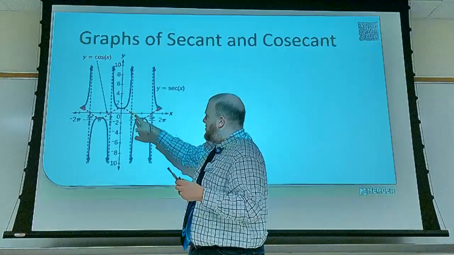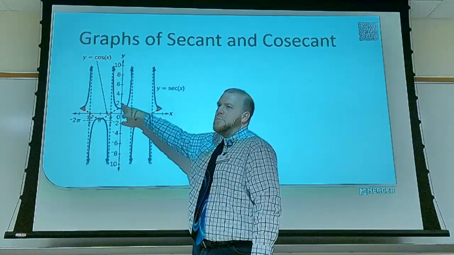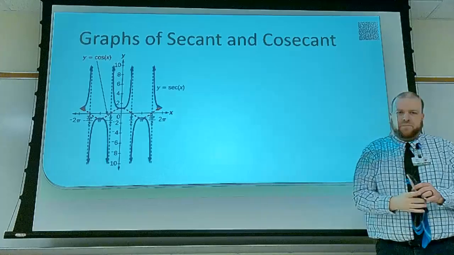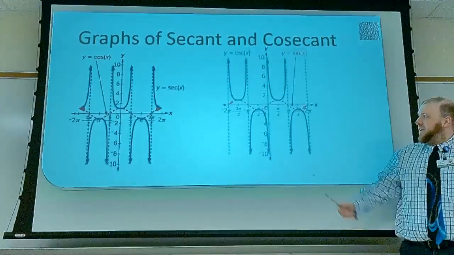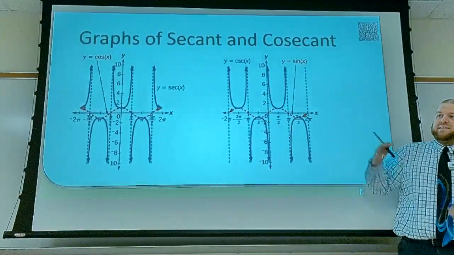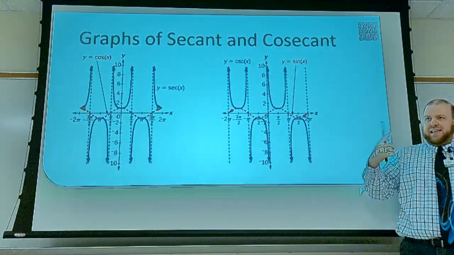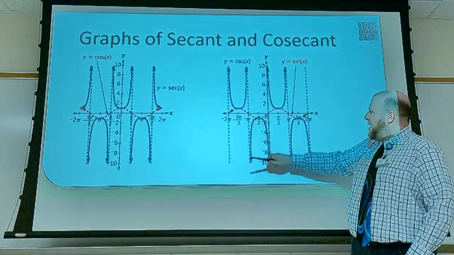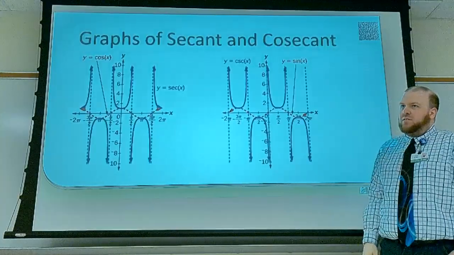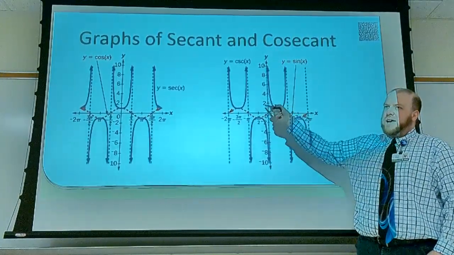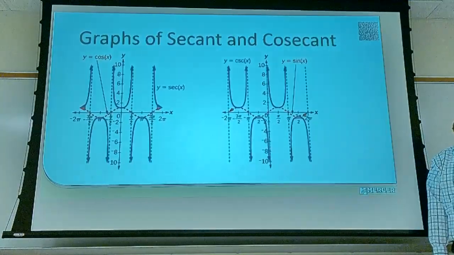The vertex occurs at each maximum of cosine. And cosecant, again, it's the exact same as secant, just shifted, and has the exact same property. They're all kind of parabolic, with the vertex occurring at the max or min of something.